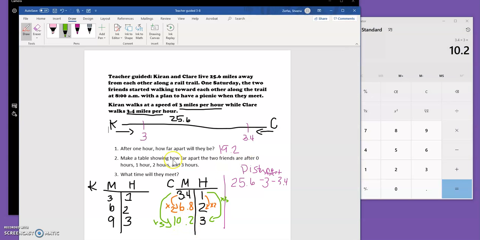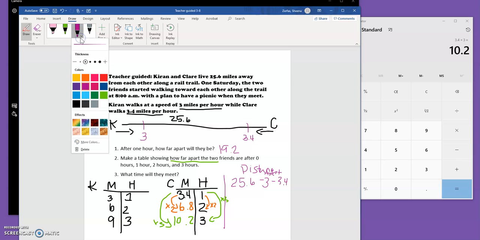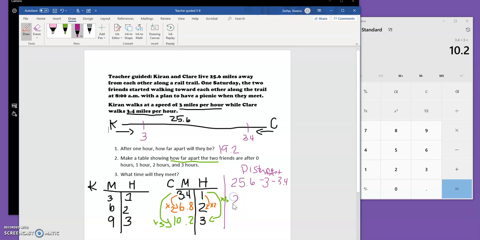Then we're going to use those two tables again to show how far apart they are. Again, we take their distance. Originally they're 25.6 miles apart. Kieran in 2 hours and Claire in 2 hours.